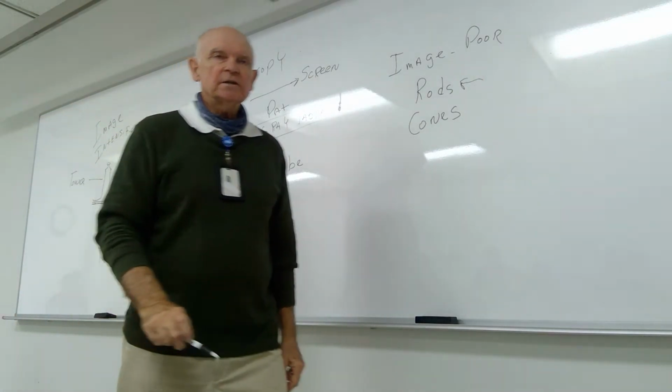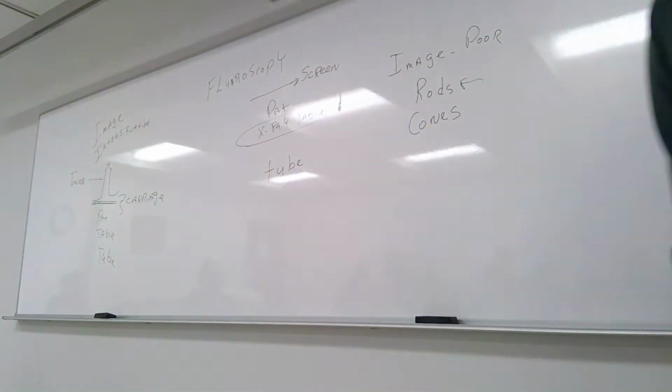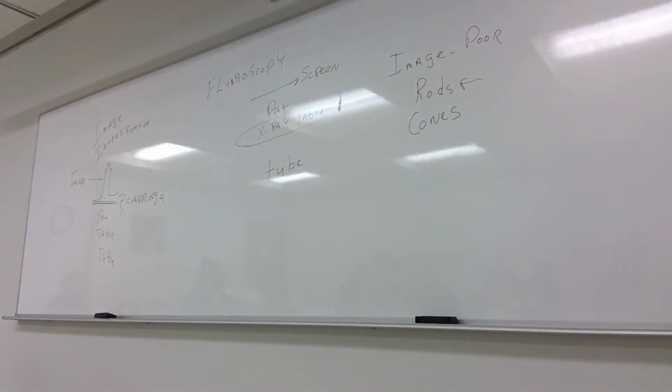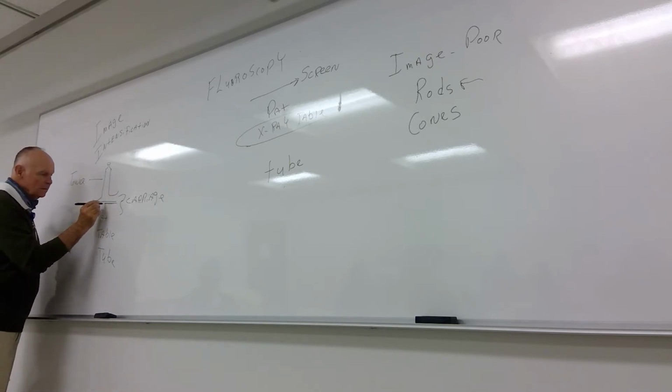So let's take a look at the component parts of the image intensifier. All right, look at my drawing there. What is immediately above the patient? Something called the carriage. And the carriage has controls on it. So let's talk about the first layer here.